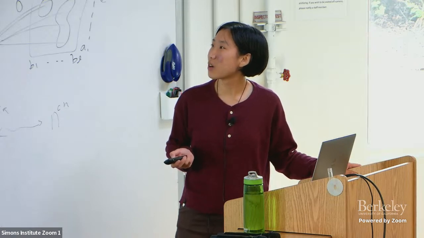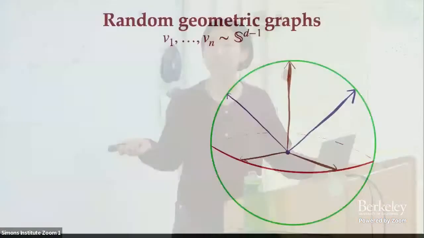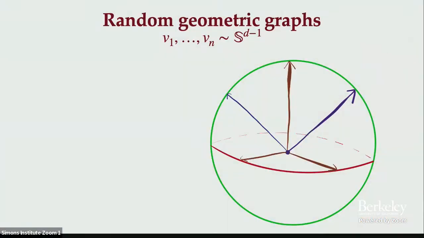Okay, so I'll directly jump into a definition and maybe motivate a little bit later after we see the definition. The object we're studying here is random geometric graphs. This model is sampled in the following way. Specifically, there's a unit sphere in dimension D, and we denote it by S^(D-1).